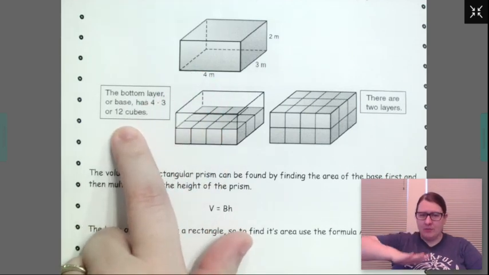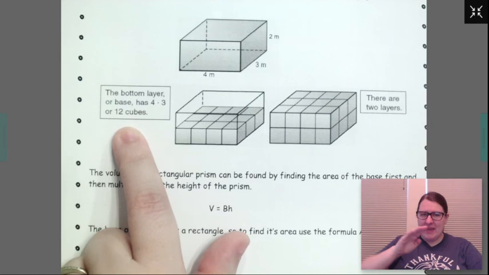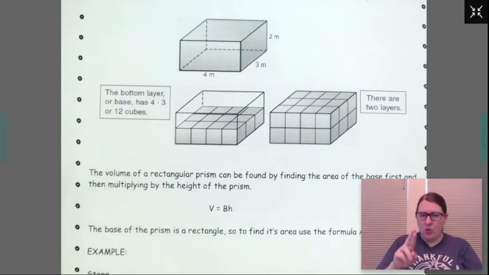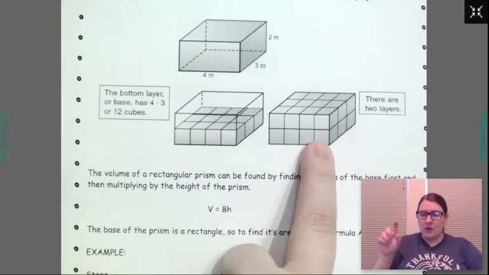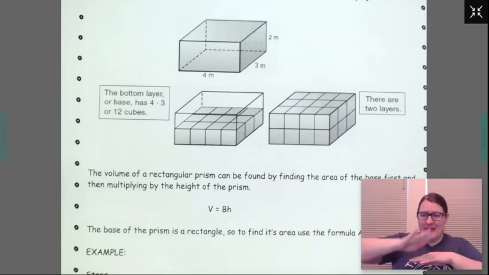The bottom layer, or the base, has 4 times 3, or 12, cubes that fit inside. We can add another layer so that there's 24 cubes inside.